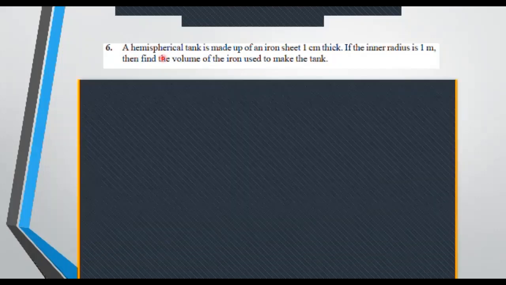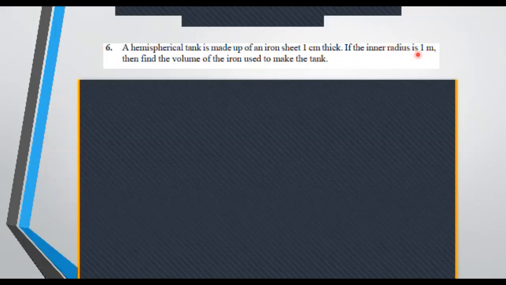A hemispherical tank is made up of an iron sheet 1 centimeter thick. If the inner radius is 1 meter, and this is 1 centimeter, be careful. Find the volume of the iron used to make the tank. So what will you do?